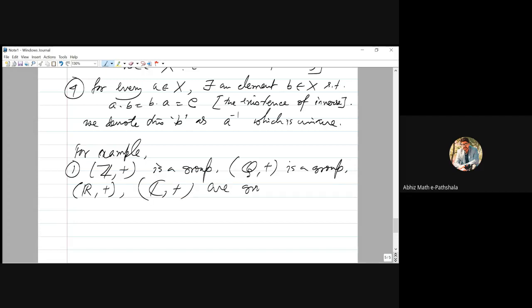Are groups, right? But Z dot is not a group, right? Why? Because 2 doesn't have an inverse, 3 doesn't have an inverse, 4 doesn't have an inverse, and so on, right?